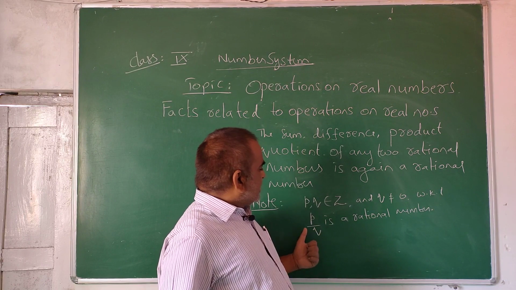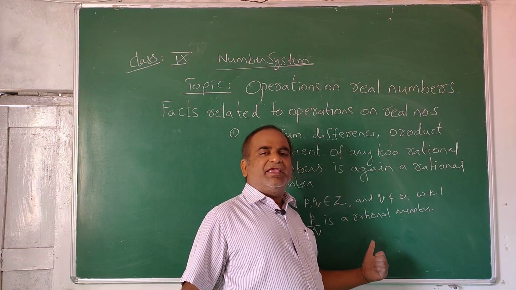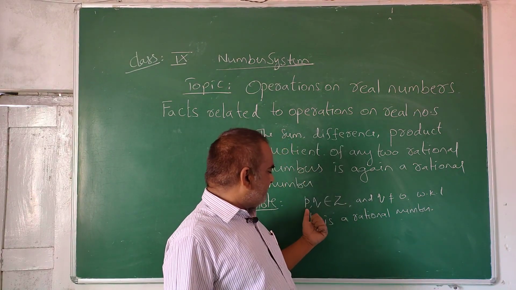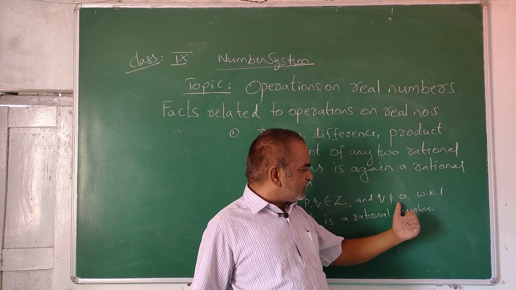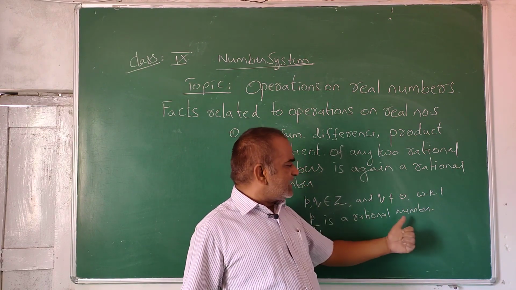So, the denominator should not be 0. I am making you a point as a note. Already we know when p and q are integers and q is not equal to 0, then p by q is a rational number.